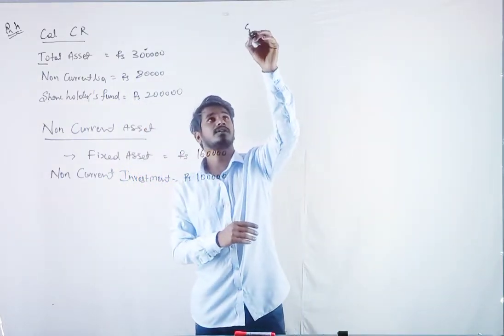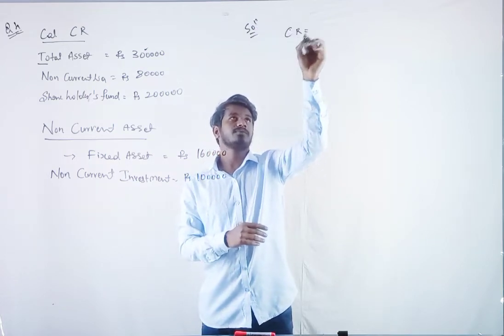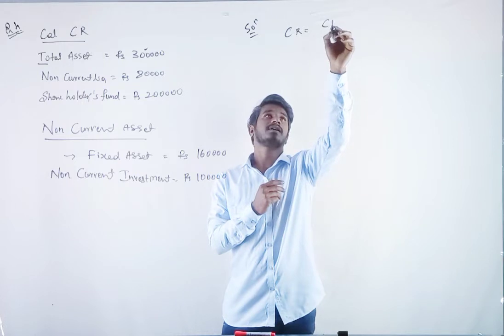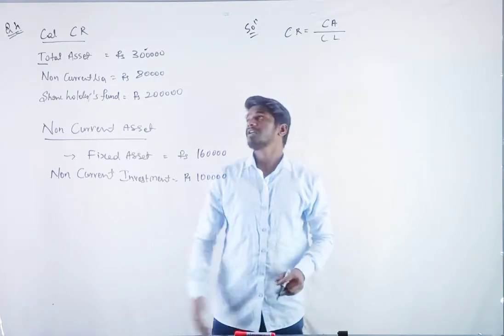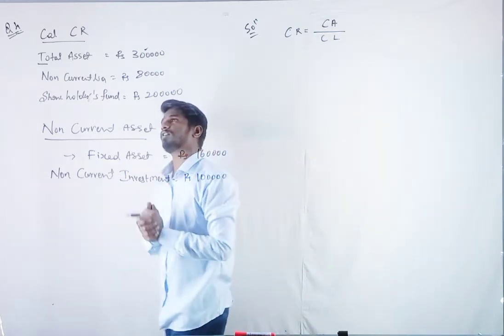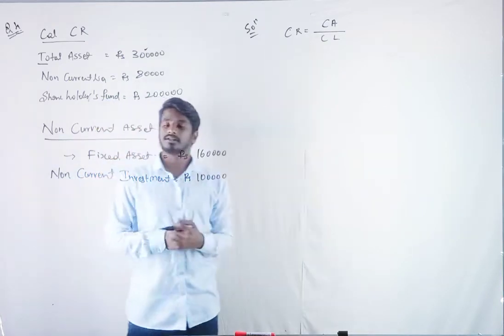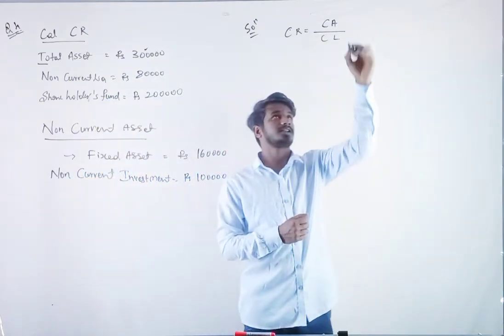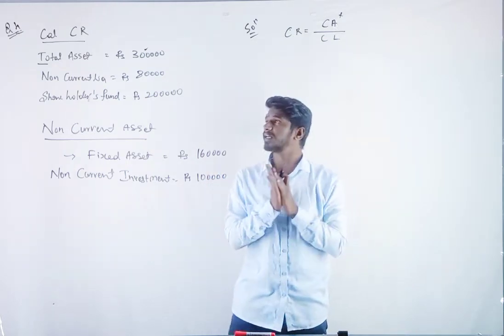So let me write, current ratio is equal to current asset divided by current liability. Can you see the current liability in the question? Let me check. Total asset, non-current liability, shareholders fund. No, there is no current asset. Fine. Is there any current liability?